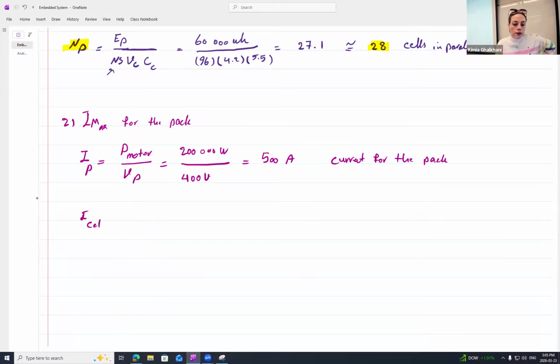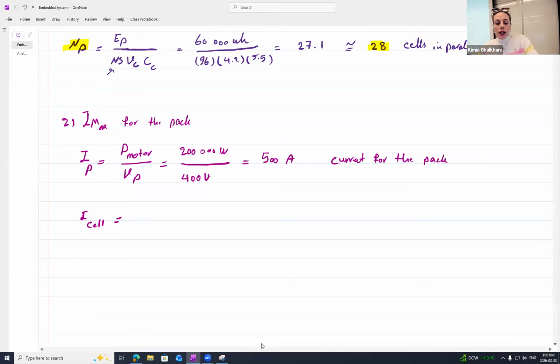Are you following? Yeah. So how do I calculate current per cell? Any idea? If I have the pack voltage, how do I calculate the cell voltage? Remember what's equal. This is super important.